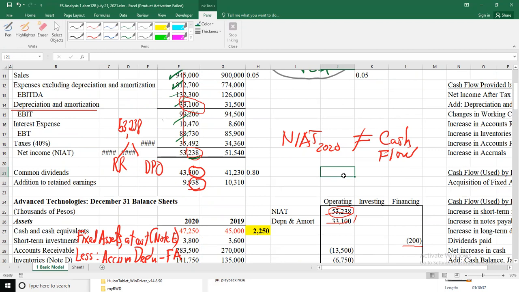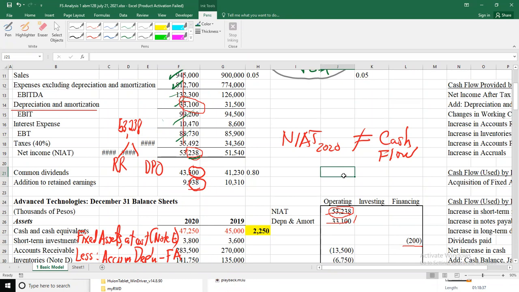Pwede na? Okay, good. Alam, may question dito si Ava tsaka si Mark. Ano yung hindi equal, Ava? Hindi equal saan? Oo, in-add back natin.